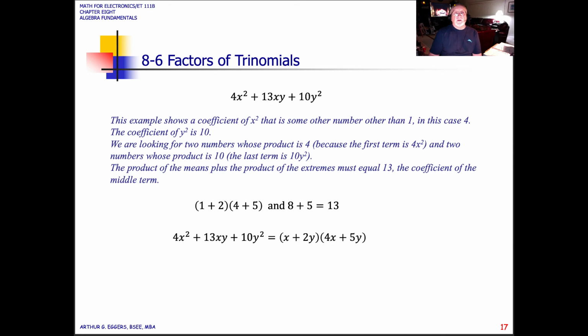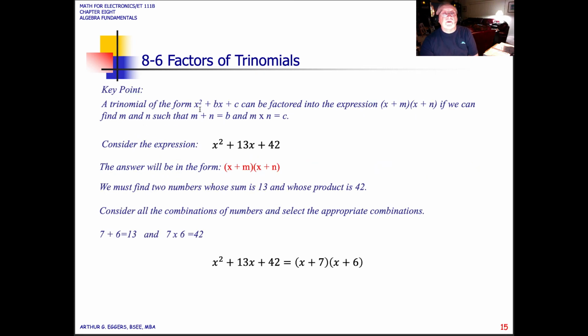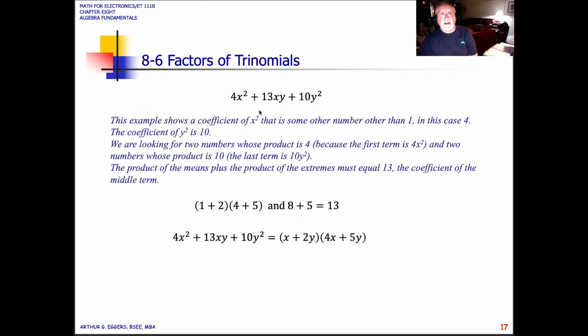Factoring trinomials where we do have a middle term, this example shows a coefficient of x squared. We've got a 4 there, where the form given to us said it was supposed to be x squared plus bx plus c. Well, in this case, we've got a coefficient of 4. So what do we do with that 4? It's a number other than 1. The coefficient of y squared in this case is 10.